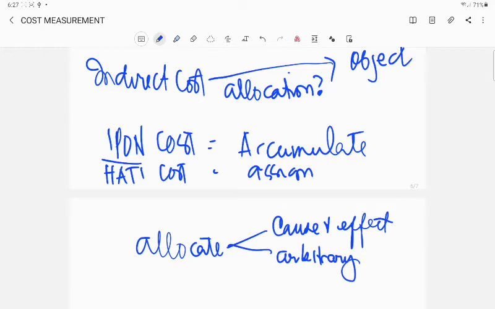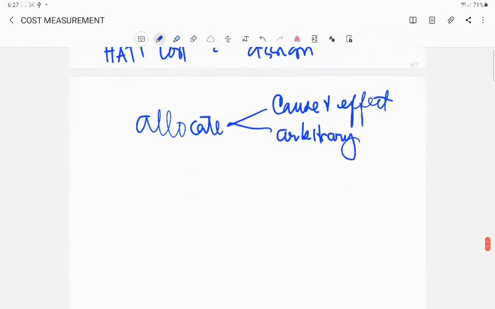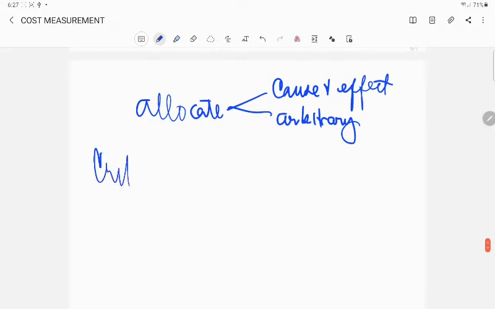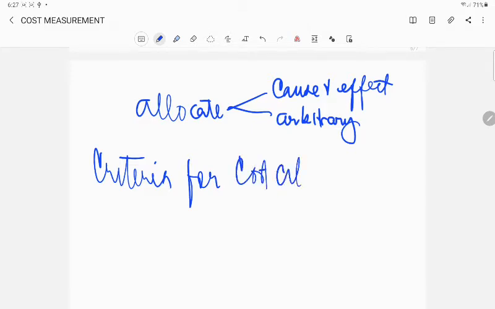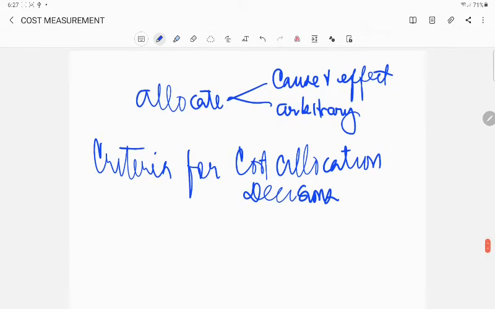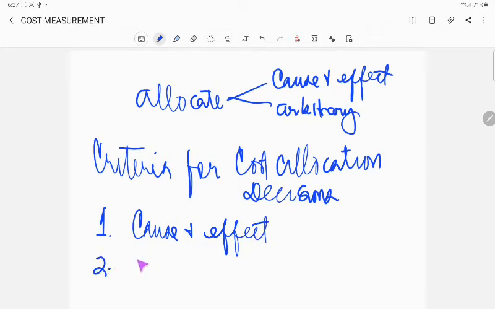May mga criteria kasi. Okay? Ano ba yung criteria for cost allocation decisions? Nabanggit ko na isa, cause and effect. Ano yung pangalawa?